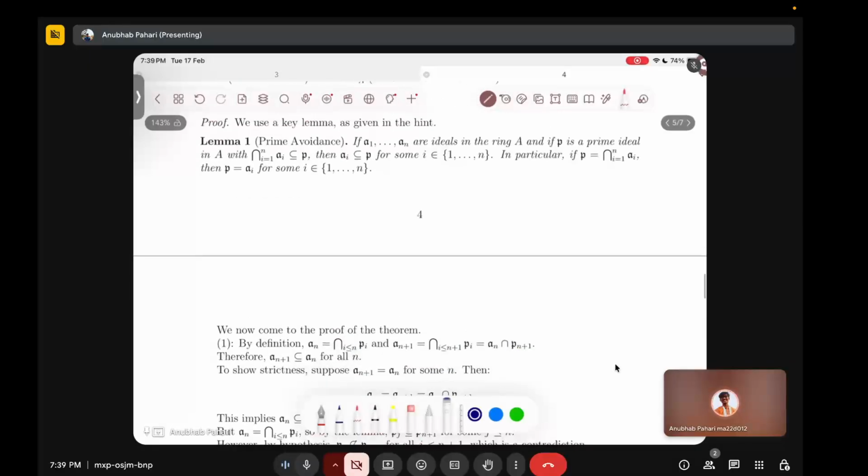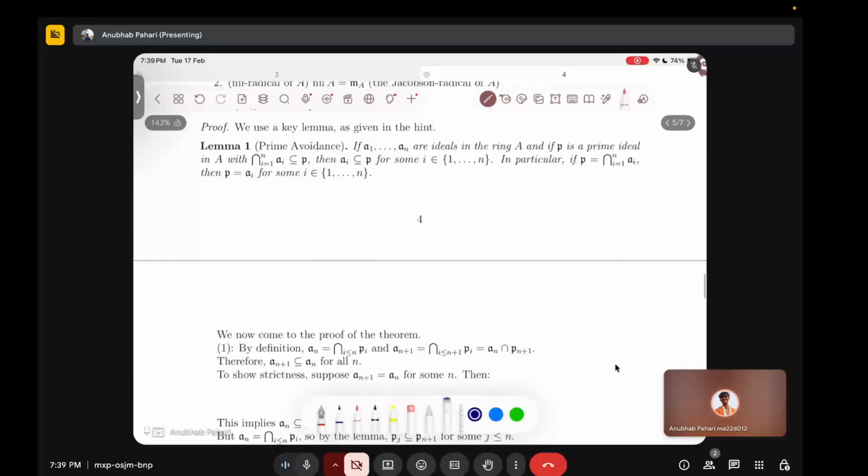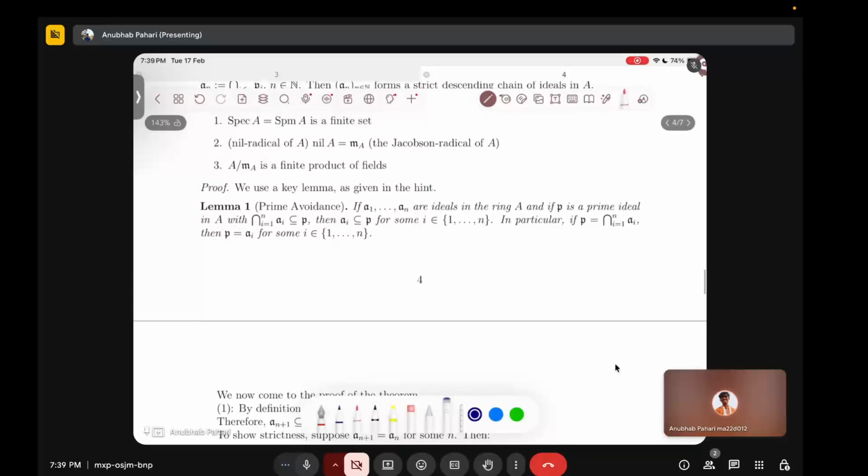In particular, if P equals the intersection of all the ideals, then P has to be one of them.